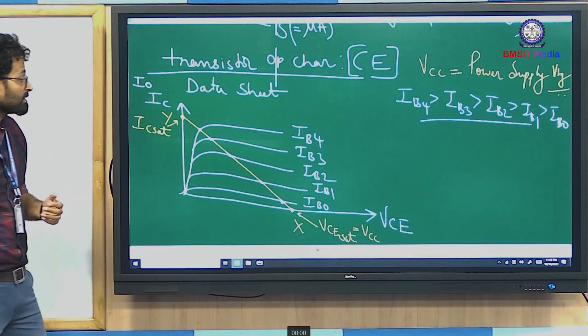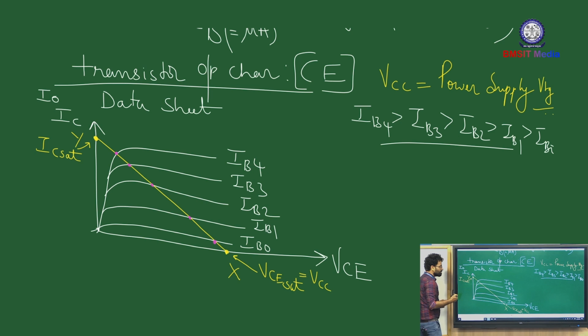Why operating points? If you look at this particular operating point, let us call it Q1, just to give an example. What are the coordinates of Q1? You have some x coordinate, and on the y-axis you will also have some y coordinate.